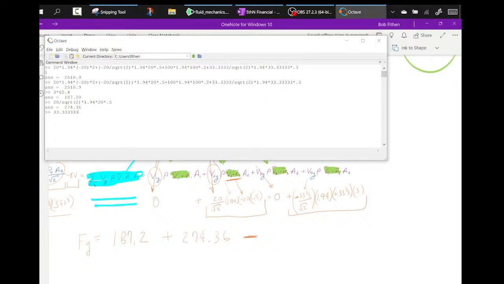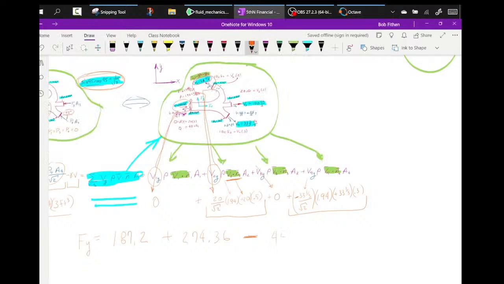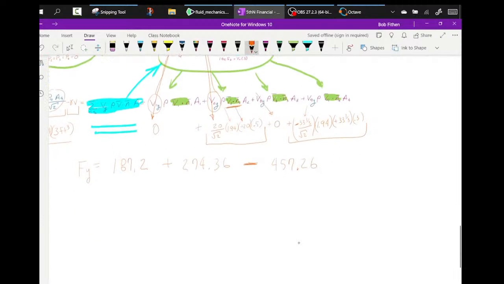I'm just going to square that because there's two of them. Divided by square root of 2 times 1.94 times 0.3 gives you 457.26. So in this particular case, these were approximately the same order of magnitude.